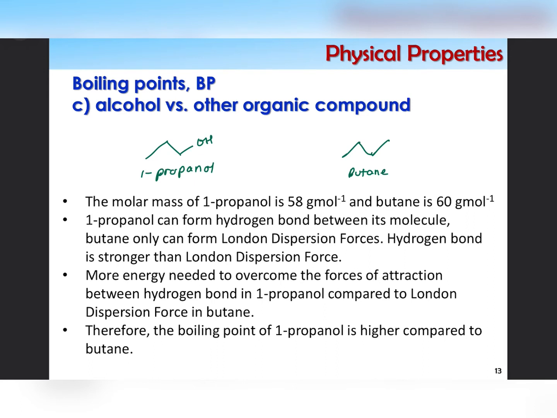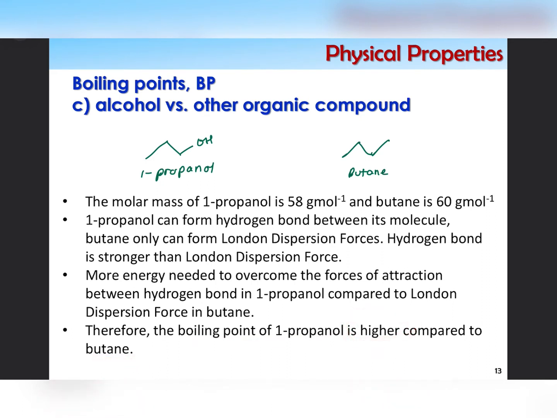So you know that hydrogen bond is much stronger compared to London dispersion forces. That is why you need more energy to overcome the forces of attraction dalam 1 propanol ini compared to dalam butane. That is why the boiling point of 1 propanol will be higher compared to butane.